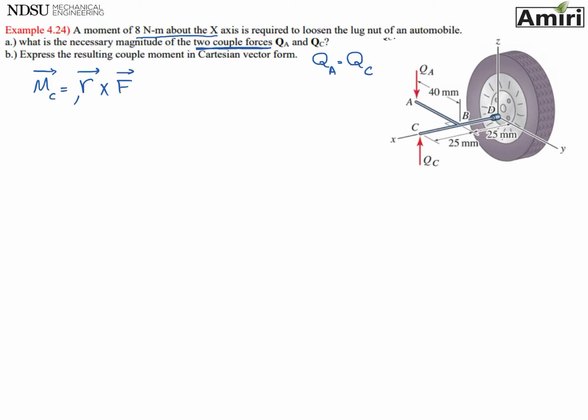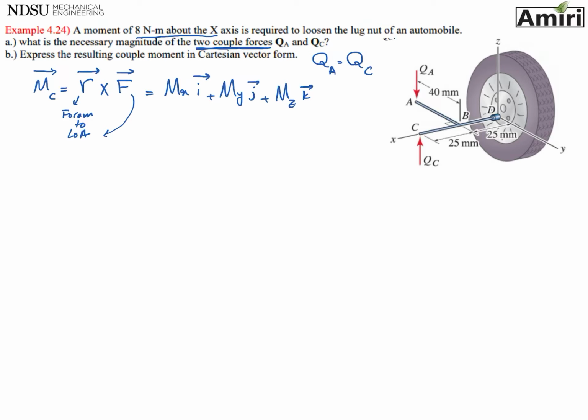Again, this r is from any point on the line of action of one of the F's to any point on the line of action of this F, whatever you put on there. But also, because it's a vector, it's going to have Mx i, My j, plus Mz k.